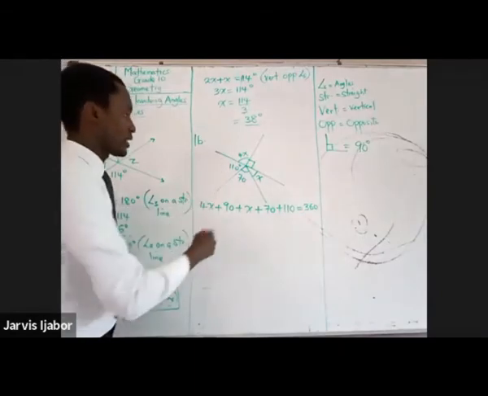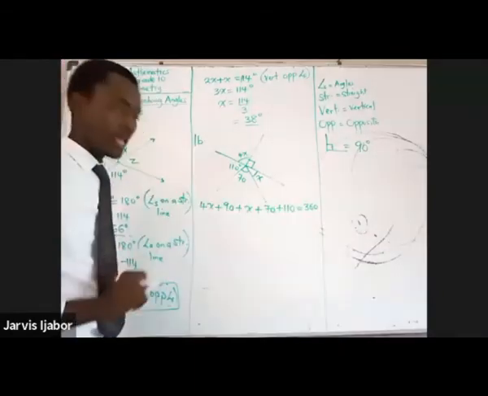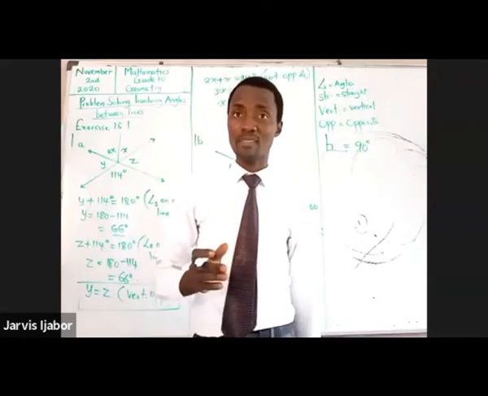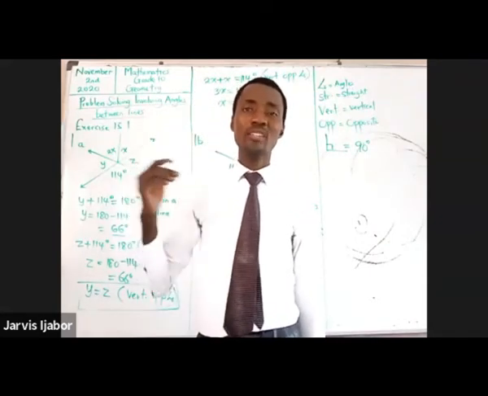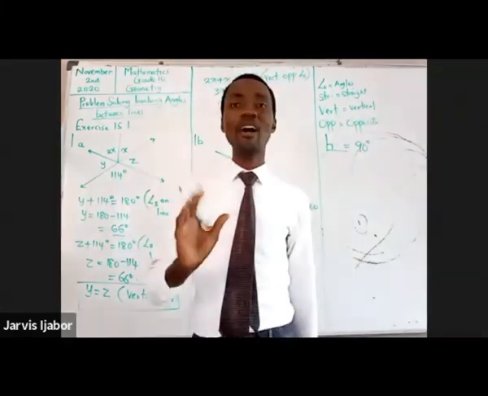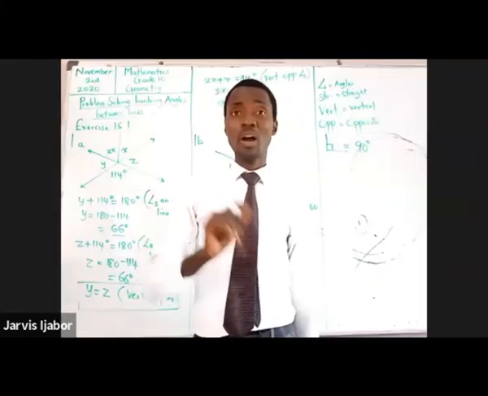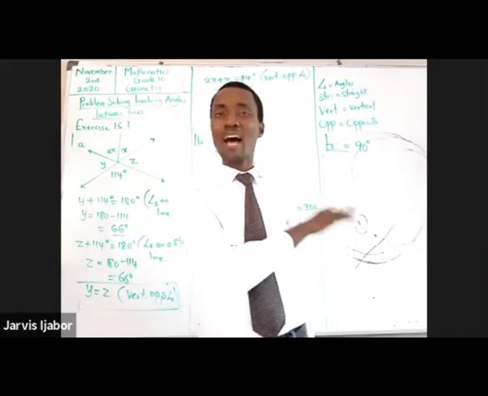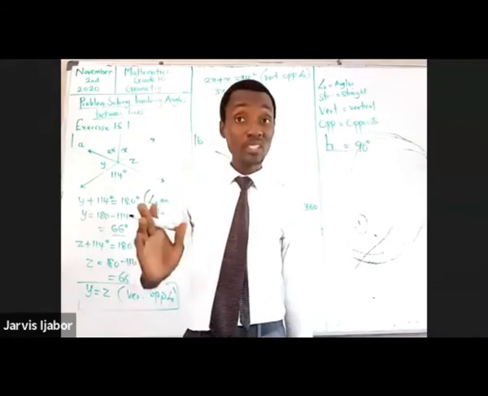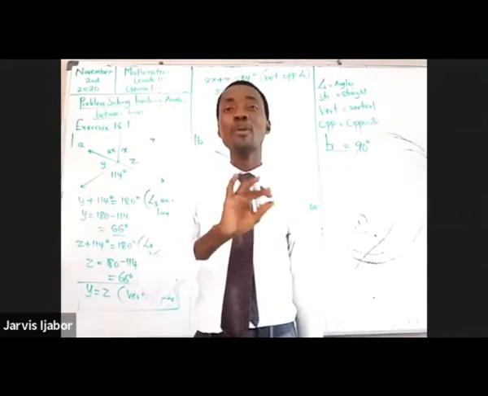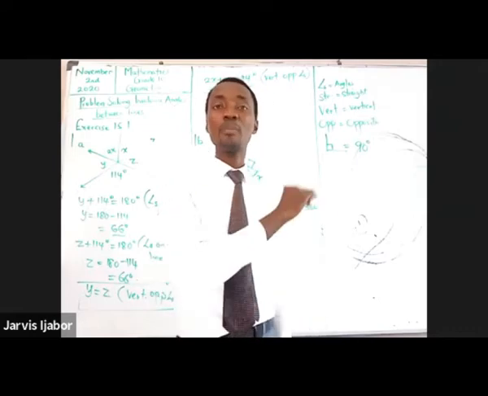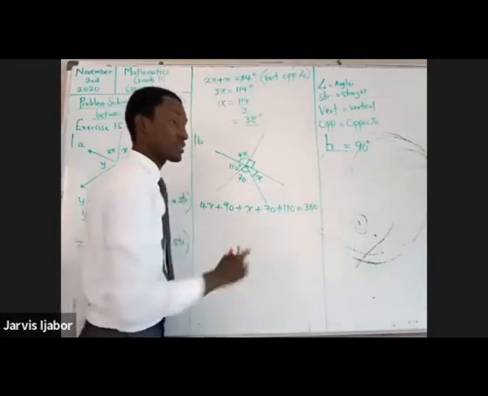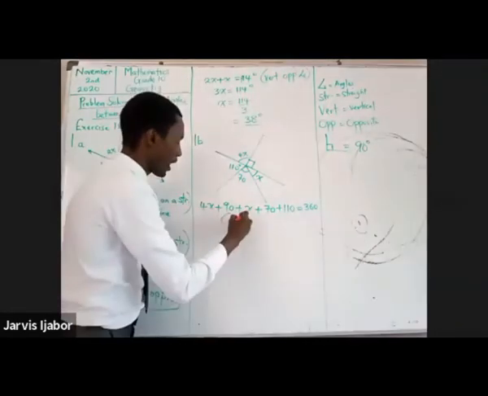So, having done this, what's the reason for this? Let me add this very interesting point. What we are doing is an aspect of geometry that is called formal geometry. That is to say, your answers are a product of logical reasoning based on established theorems. So it would be wrong for you to solve problems here and not put a reason for a statement. We said this is equal to 360. What is the reason?